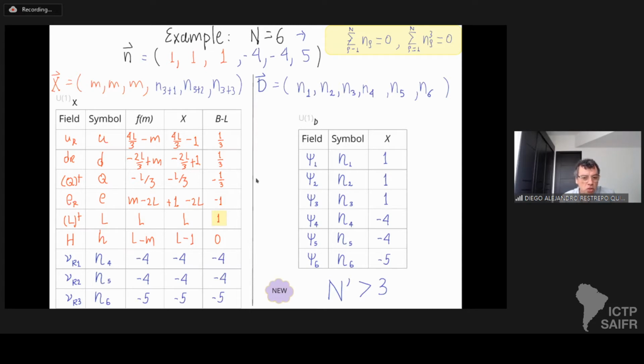It is a result well known for at most 3 extra single fields. And the new feature here in my study is that we extend this kind of procedure to an arbitrary number of chiral fields.